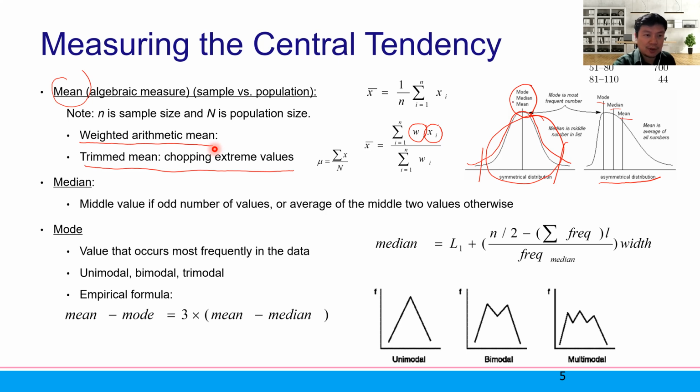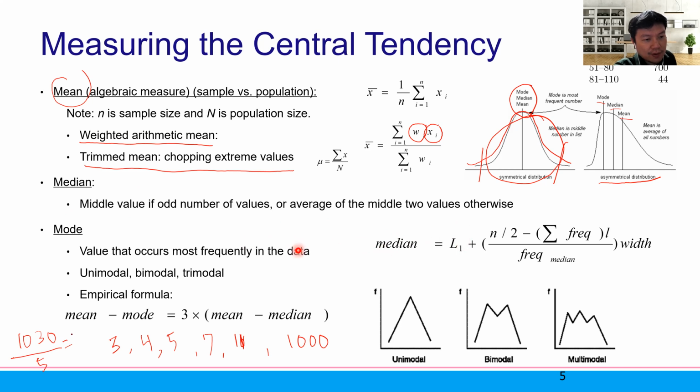For example, if the data is 3, 4, 5, 7, 10 and 1000, what is the average? 7 plus 12 is 19, 19 plus 11 is 30, and then plus 1000 means 1030.